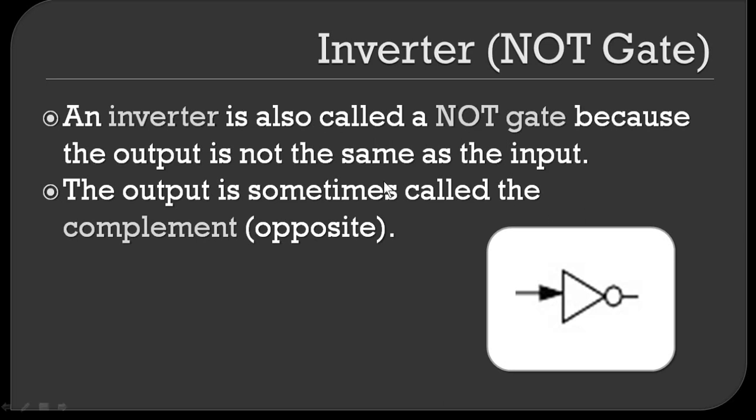You can see the diagram of the gate given. You can see a small triangle rotated sideways, and in front of the triangle you will see a small circle. When you join these, you call it a NOT gate. This gate represents the inverter operator, that is the NOT operator. On the left-hand side you can see an input and you will see an output. You draw a single line as input.